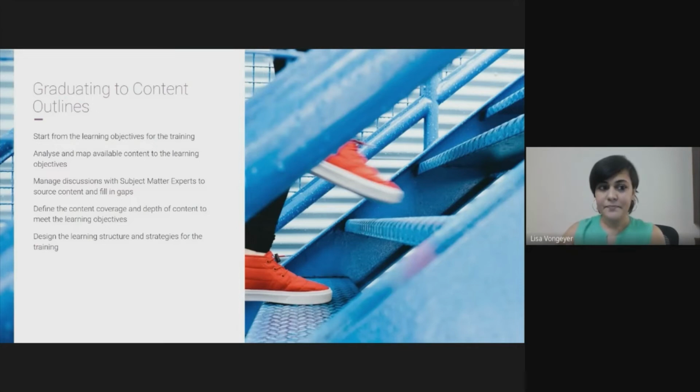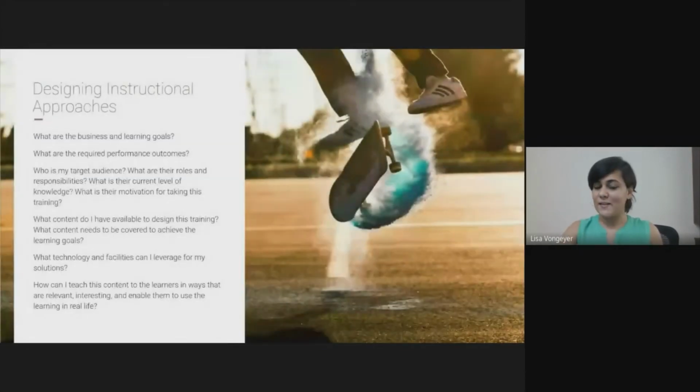And then the last level, which is very wide, and you can do this for years in so many different ways, is when you get into designing instructional approaches itself. Over here, you're considering all the different facets of learning, all the different aspects of what you need to do to make that learning accessible to your learners.